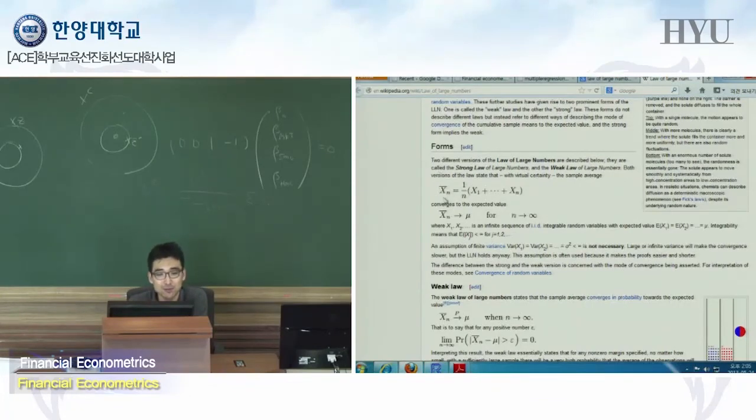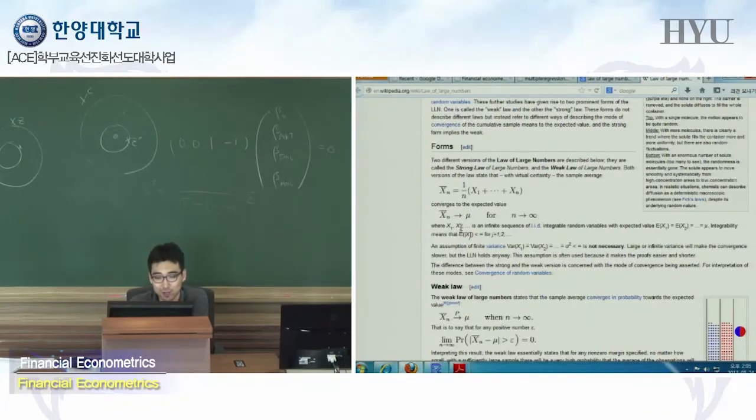This x bar n is the average of the x with sample size small n. The strong form of the law of large numbers argues that this average converges to mu. Mu is the expected value of each x, for n large.